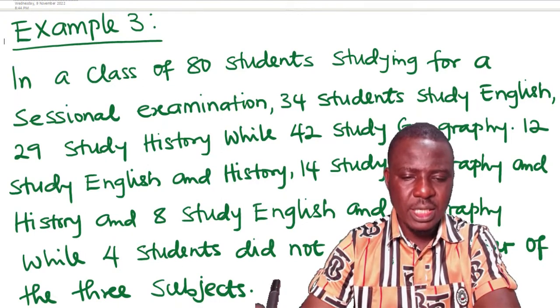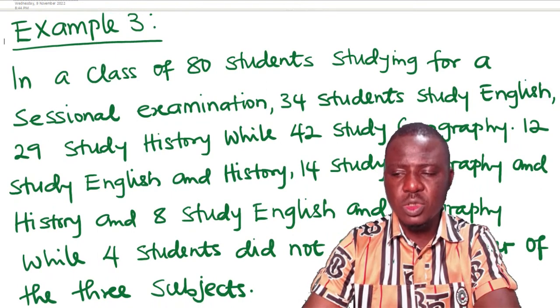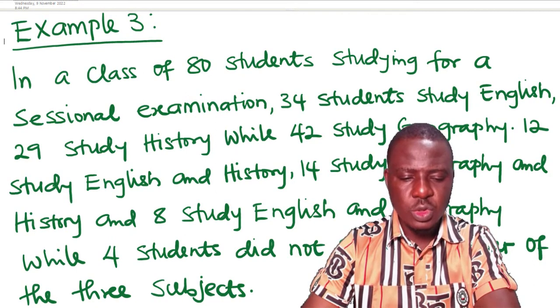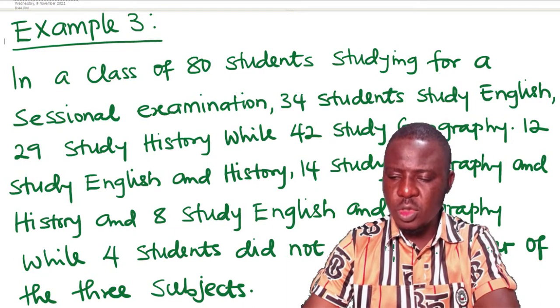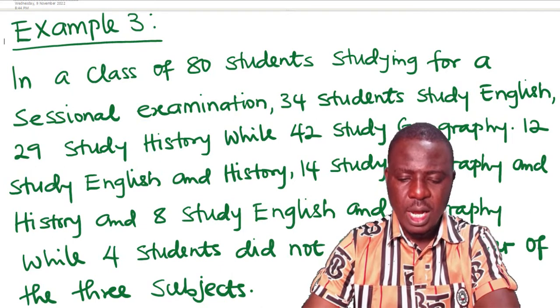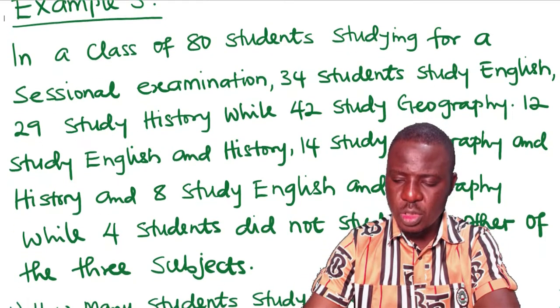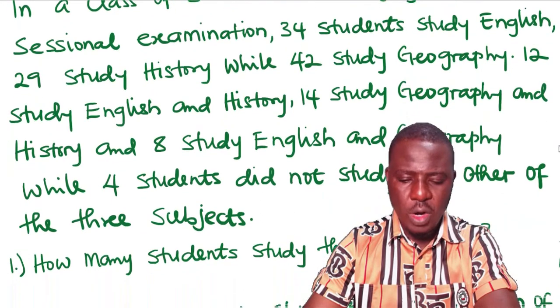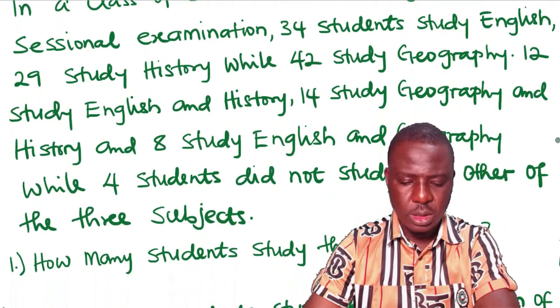Example 3 says, in a class of 80 students studying for a sessional examination, 34 students study English, 29 study history, while 42 study geography. 12 study English and history, 14 study geography and history, and 8 study English and geography, while 4 students did not study any other of the three subjects.